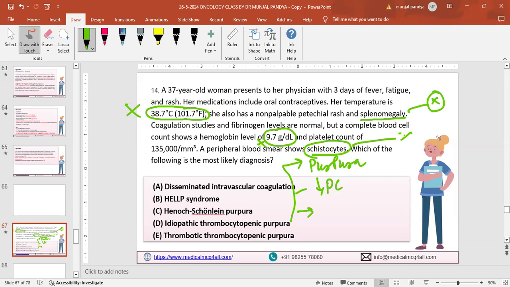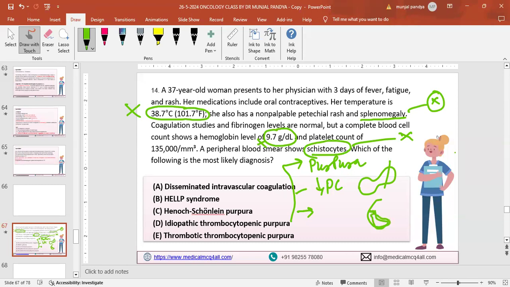What do you mean by schistocyte? This is a normal RBC. And when the RBC gets broken, it's a schistocyte. It's a broken RBC, half RBC, small RBC.